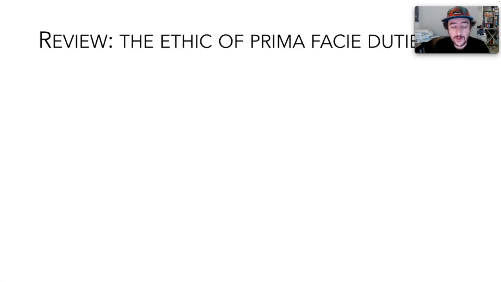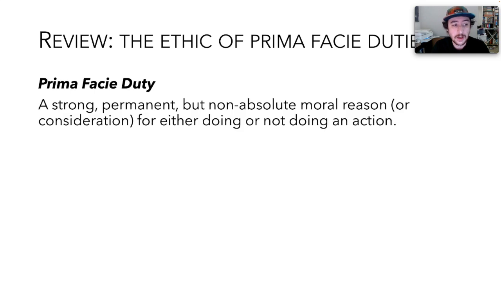So let's start out just by reviewing what this theory says the nature of morality is. So remember, it starts out with this idea of a prima facie duty. This is a strong, permanent, but non-absolute moral reason, or you might call it a moral consideration, for either doing or not doing an action.